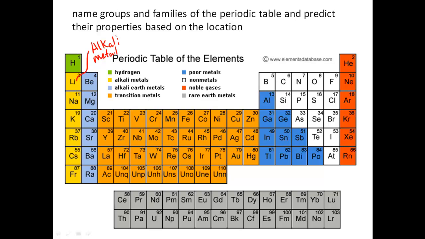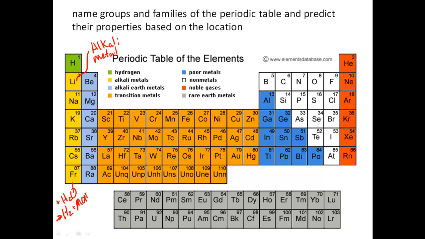Now, the alkali metal family we refer to as active metals, and you are aware, of course, that when you combine active metals, the alkali metal family, with water, H2O, you're going to always get hydrogen gas and the metal hydroxide.